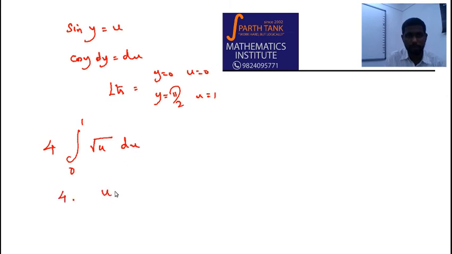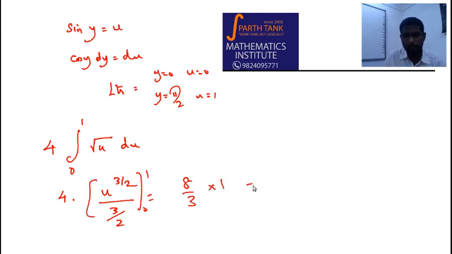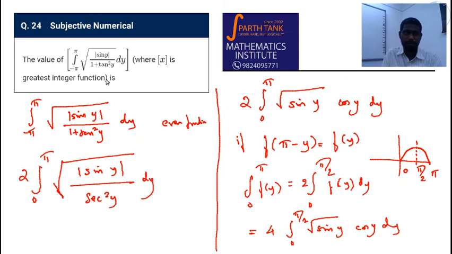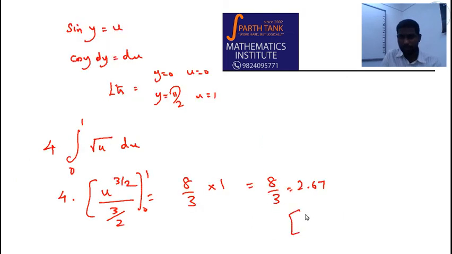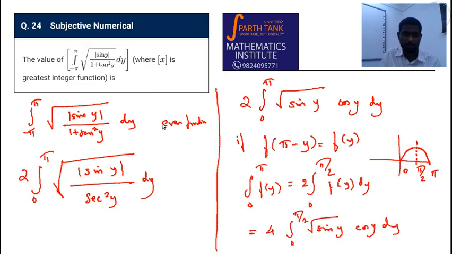This is 4 into u to the power 3 by 2 by 3 by 2, or 8 by 3 times, between 0 and 1, into 1. So 8 by 3 is about 2.67. Now you remember that the question is the box of this. So the final answer is box of 2.67, which is 2. So it's a quite simple answer, 2.